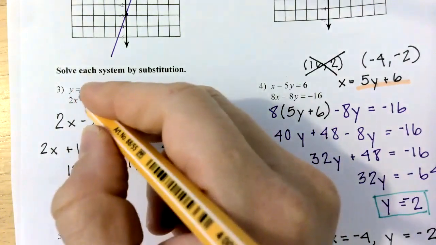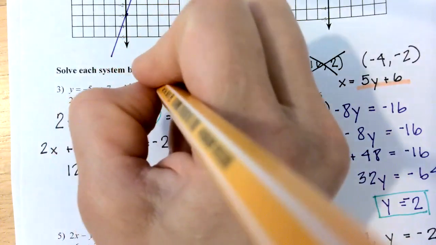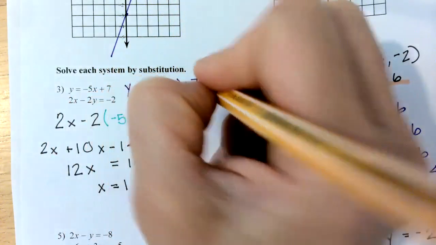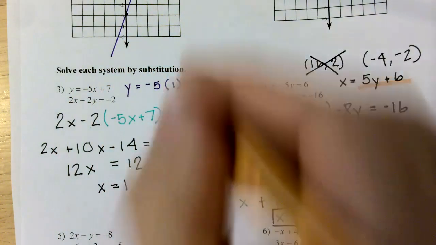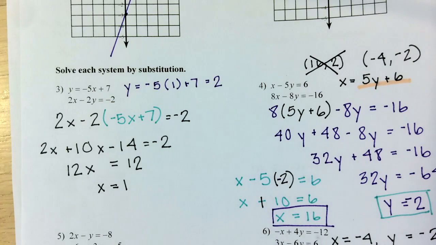So now that x is 1, we're just going to say y equals -5 times positive 1 plus 7. So y equals 2. X is 1, y is 2.